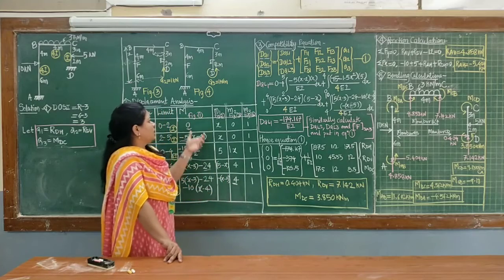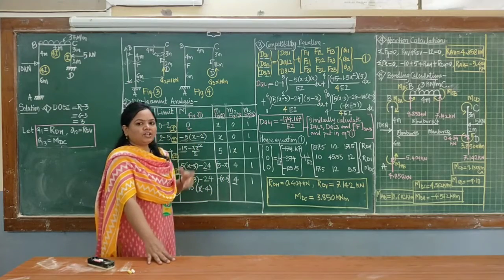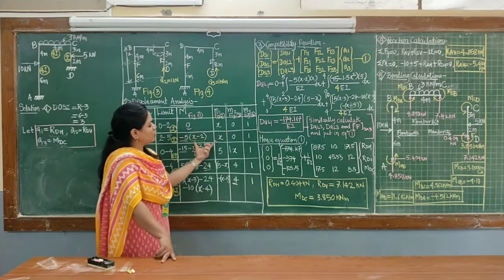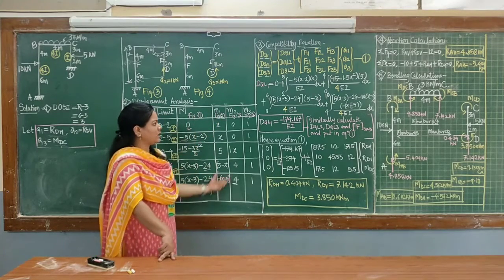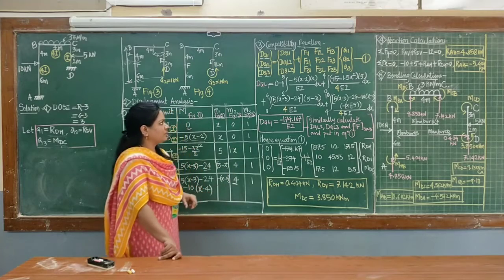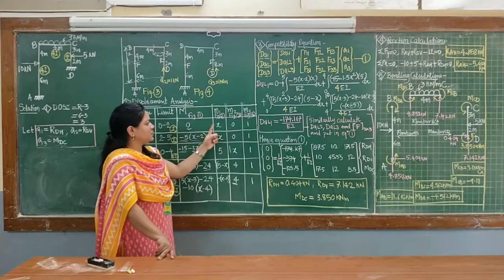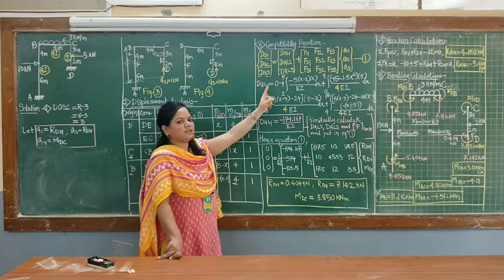So here dqL, that is the integration from 0 to L of capital M into M1, the summation of the integration over all the zones, will be the final dqL1. So capital M into M1 for the very first zone DE, 0 into X, it is written 0.